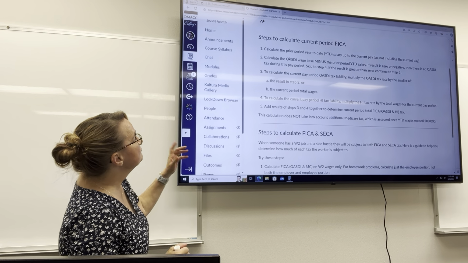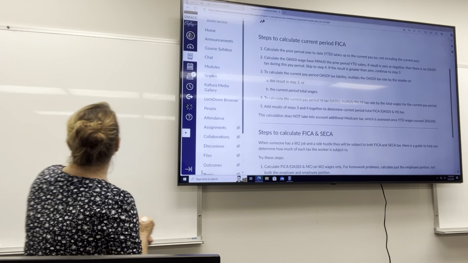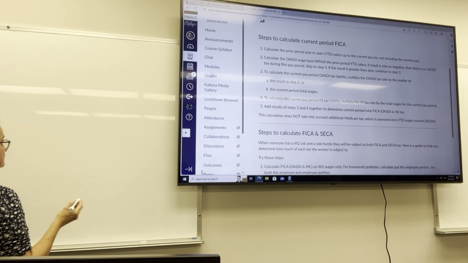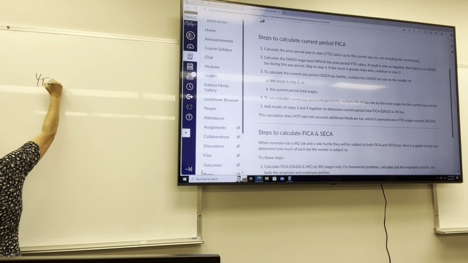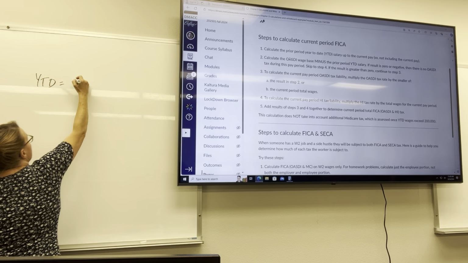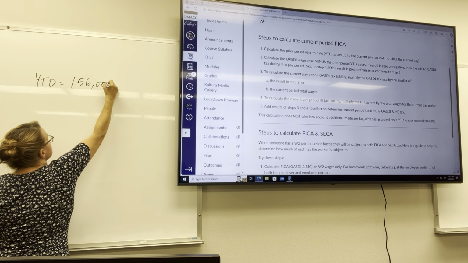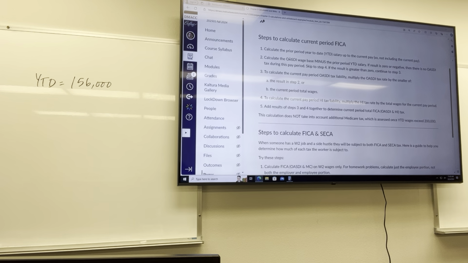So, first thing you want to do is calculate that. Let's say we've got an employee that has prior year-to-date earnings of $156,000. So up to this pay period, they've earned $156,000.